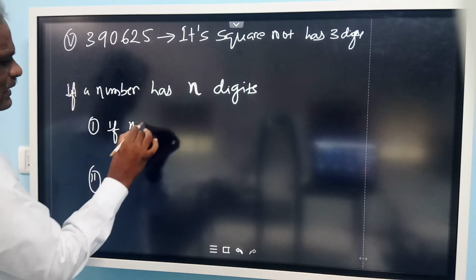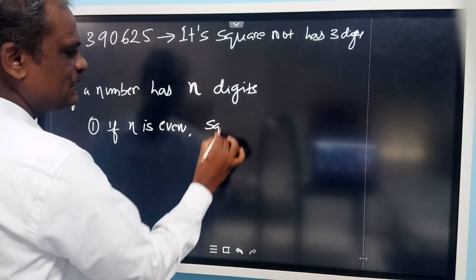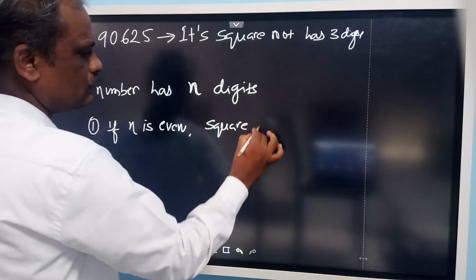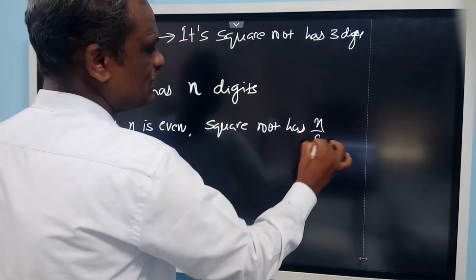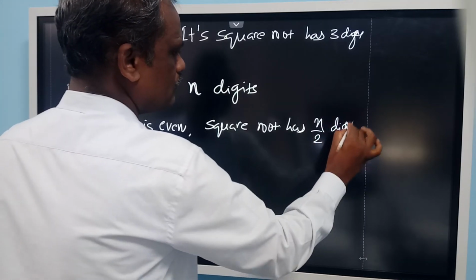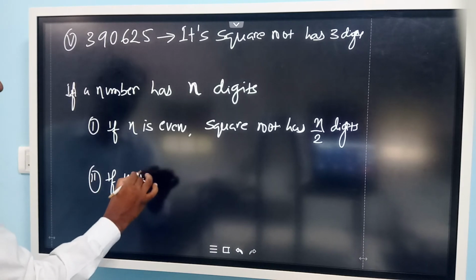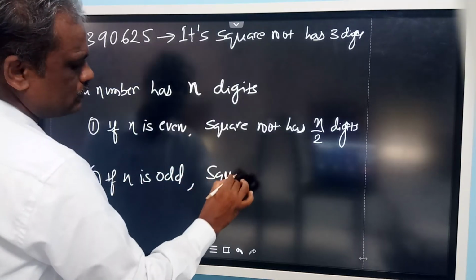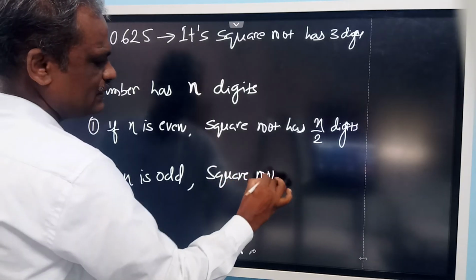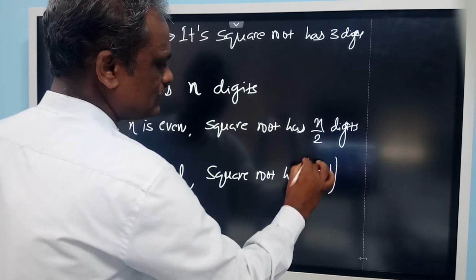First case, if n is even, the square root has n by 2 digits. The second case, if n is odd, then its square root has (n plus 1) by 2 digits.